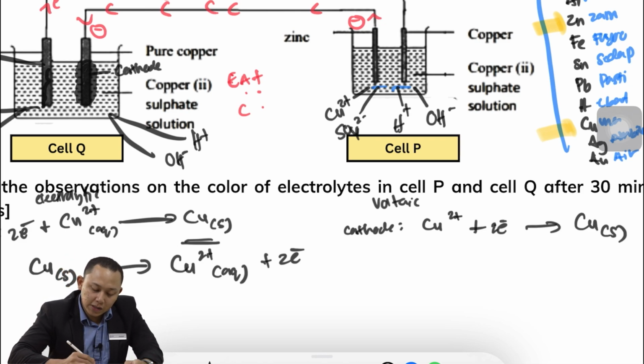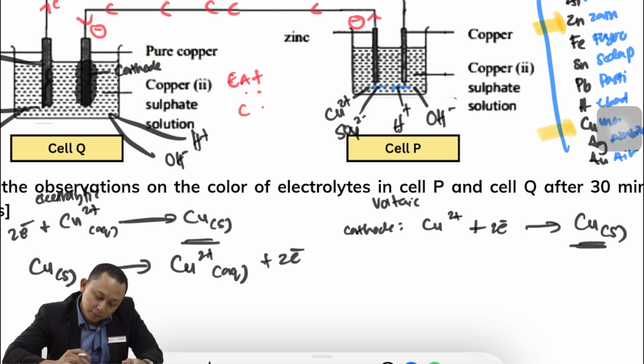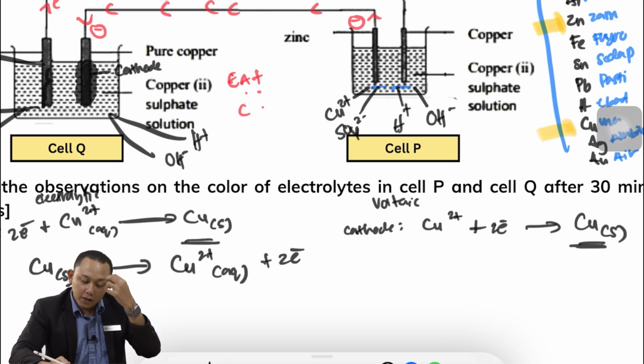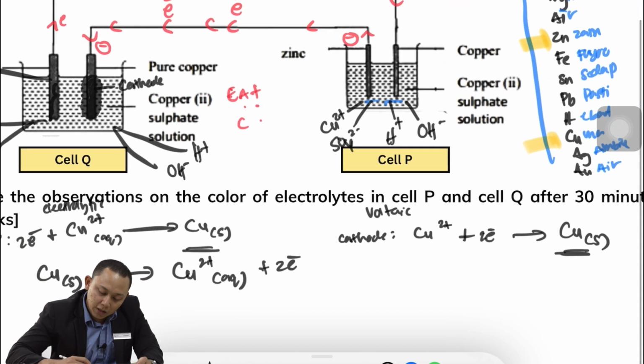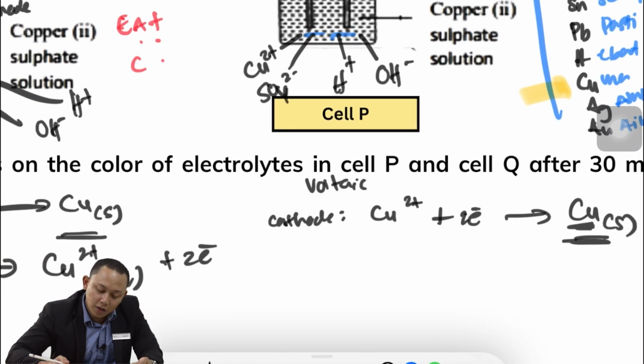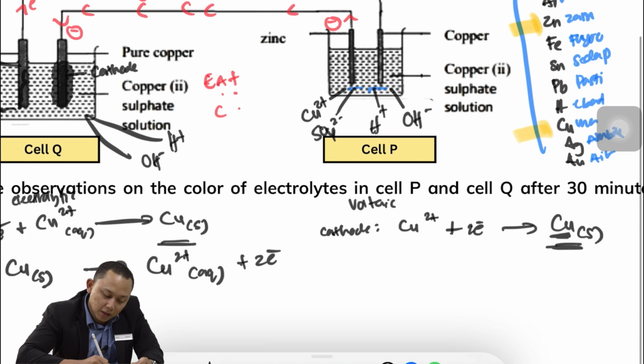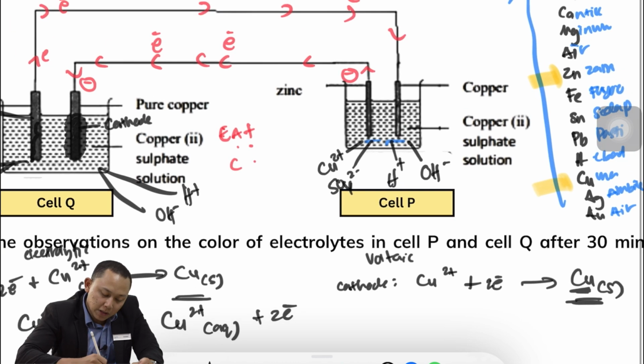You can see here that the formation of solid will be at the cathode. Sorry, at the anode side, sorry. If you see here, you can see the formation of copper metal. So when this side of your electrode is receiving the electron, it will become bigger.